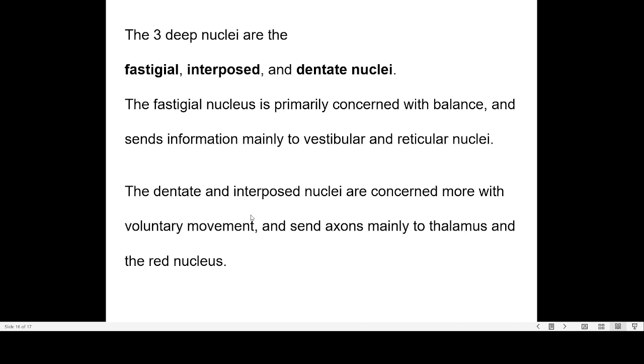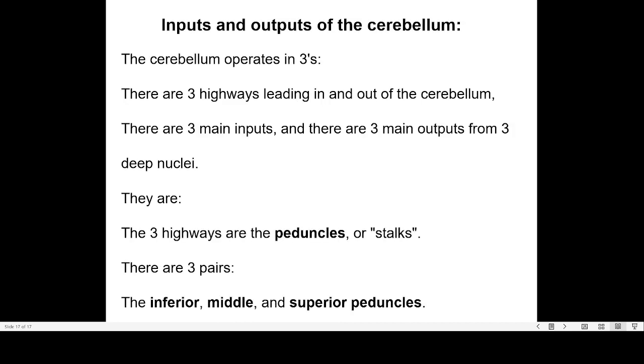The dentate and interposed nuclei are concerned more with voluntary movement. They send axons mainly to the thalamus and to the red nucleus.